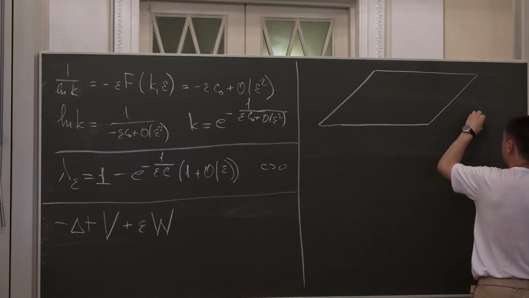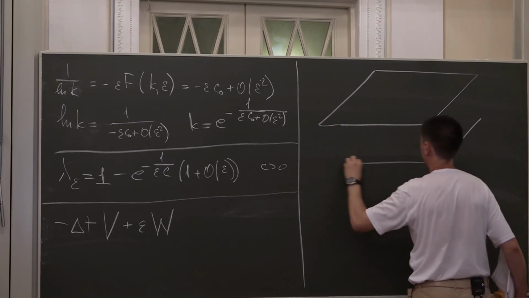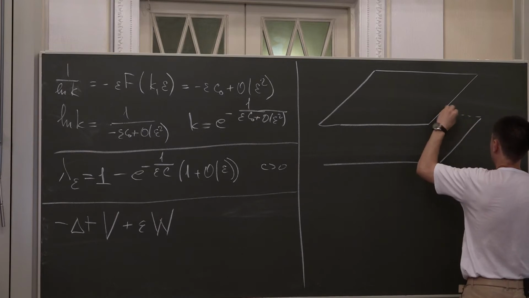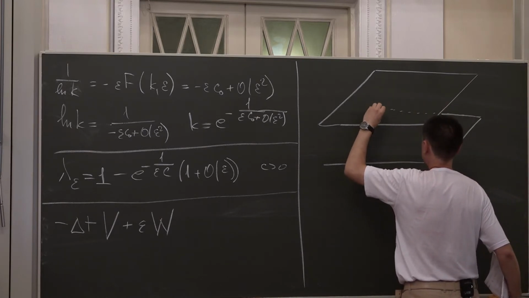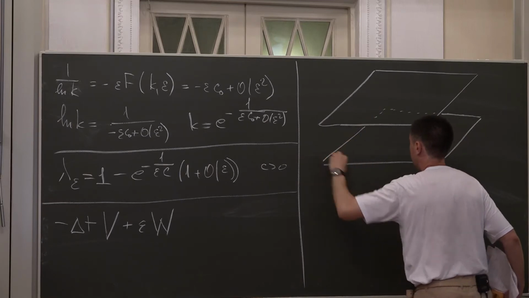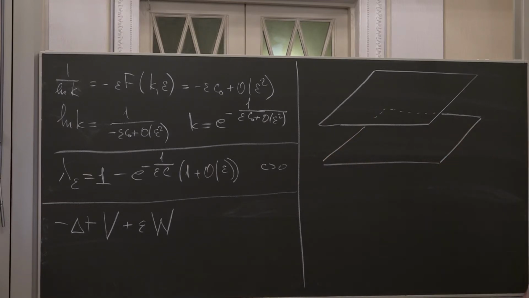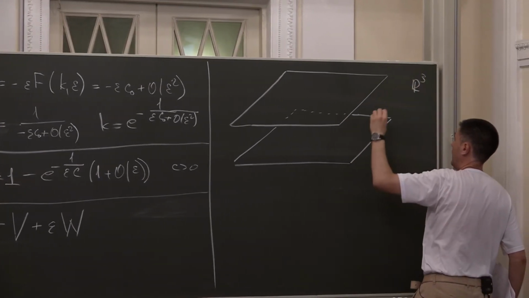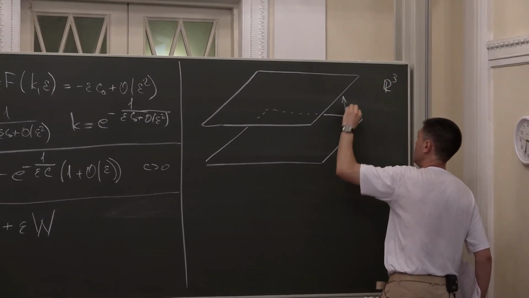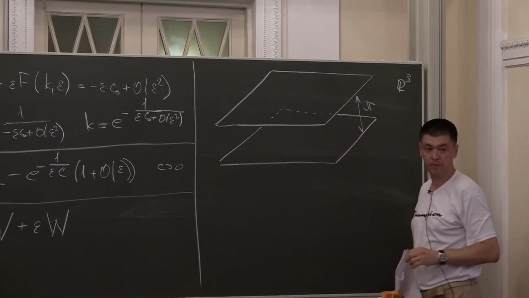Now it's a 3-dimensional analog, and it's stated as follows. So we have 2 planes, 2 infinite planes in R3, and the distance between these planes is pi.